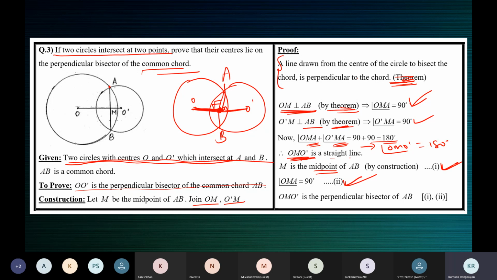Angle OMA is equal to 90 degrees. So from 1 and 2, OMO dash is the perpendicular bisector of AB. OMO dash is a straight line. We proved that its measure is 180 degrees. So the line segment joining the centers is the perpendicular bisector of the common chord.